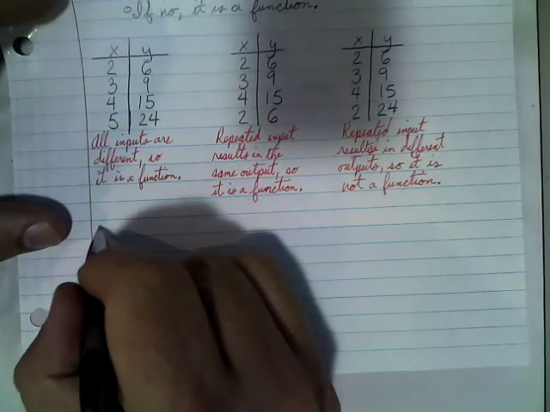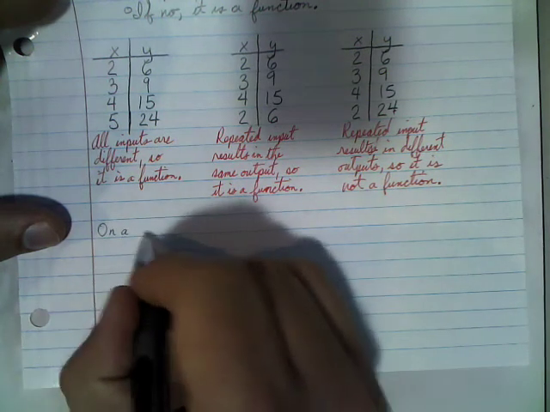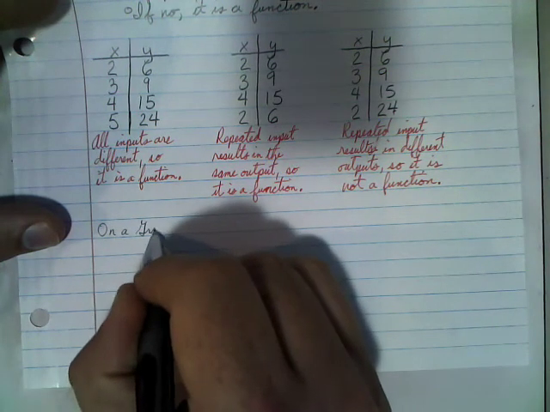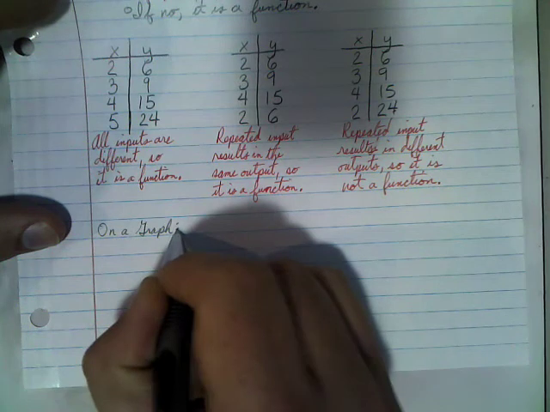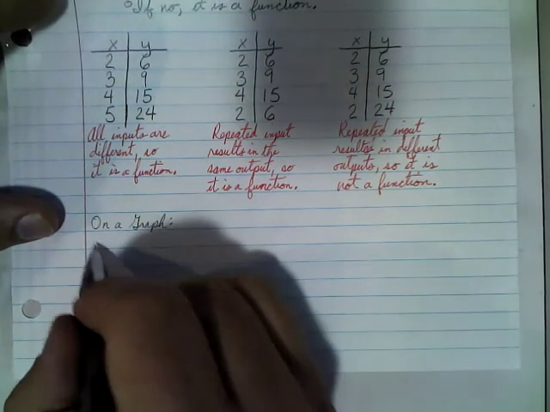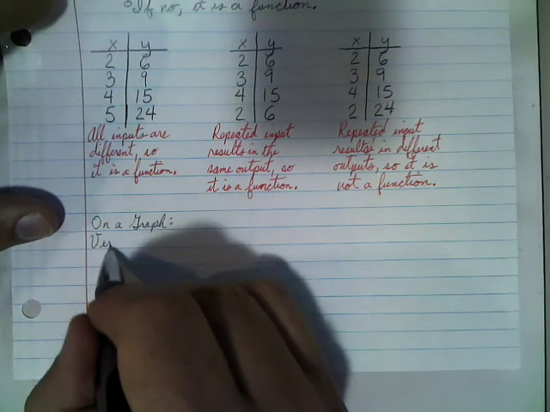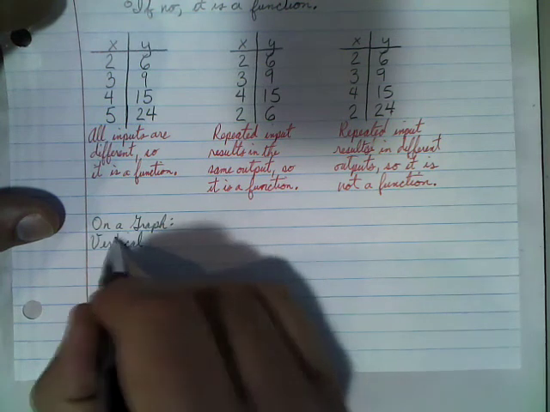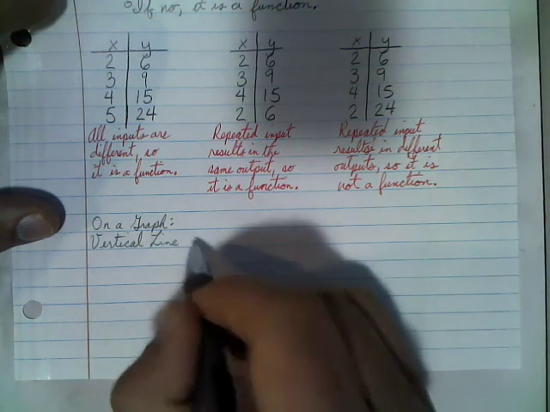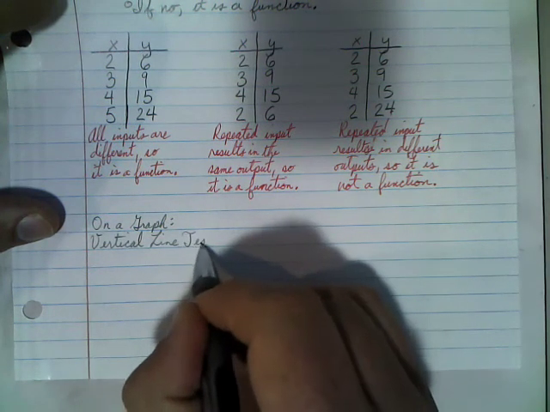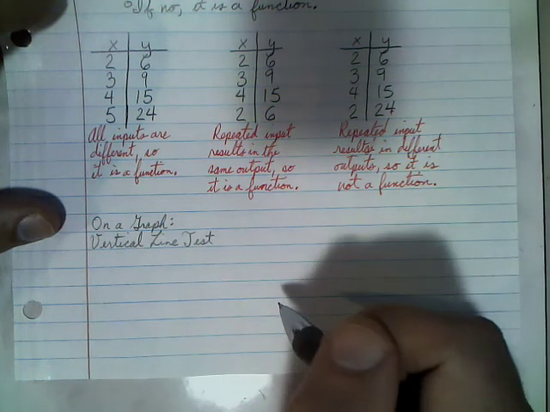So now let's talk about on a graph. On a graph, we use what's called the vertical line test.